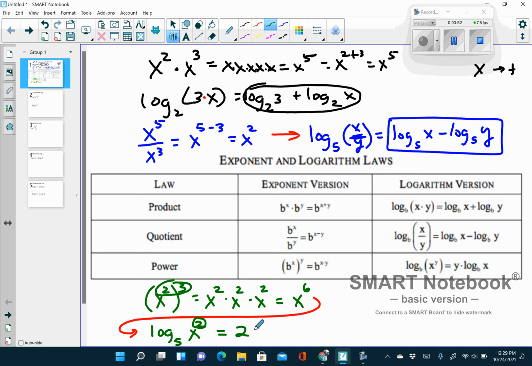So it becomes 2 log base 5 of x. 2 log base 5 of x. And this is our last rule.